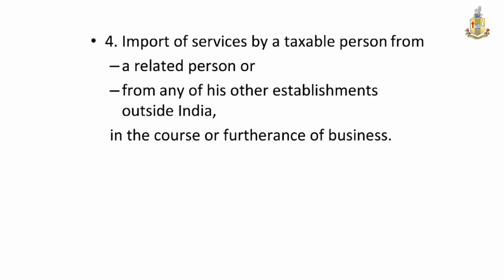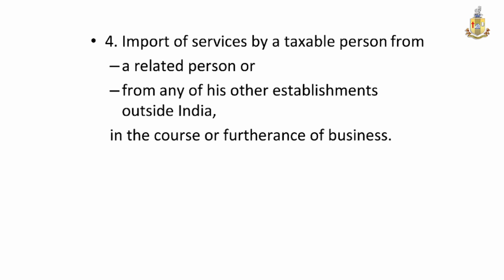But here what they are telling us is, when you are getting services from outside India, even when there is no consideration, it is also called a supply. But they are telling us only one important condition: the person rendering the service from outside should be related to you. So if the related person renders services from outside India, even with no consideration, we will call it a supply.